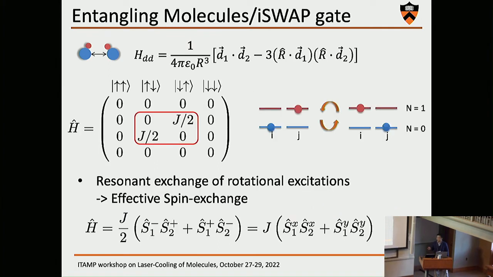So now, if you write this in terms of spin operators, this actually becomes an S minus S plus plus S plus S minus Hamiltonian, which is equivalent to an XX plus YY interaction term. You can see this easily because when the system hops between the two configurations, we are simply exchanging a rotational excitation.